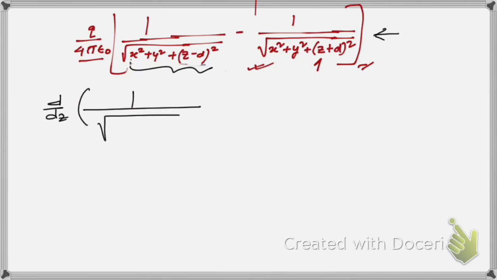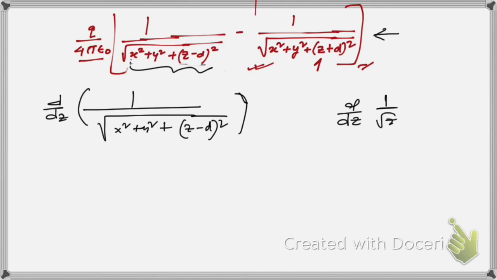1 by root over x square plus y square plus z minus d whole square. So here you see derivative of this 1 by root z with respect to z. You can consider that 1 by root z as z to the power minus half.